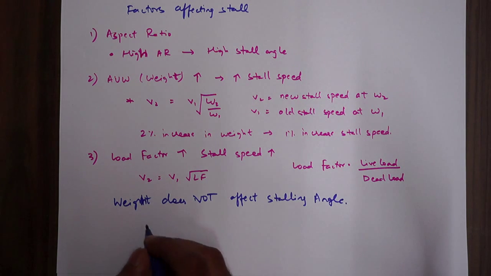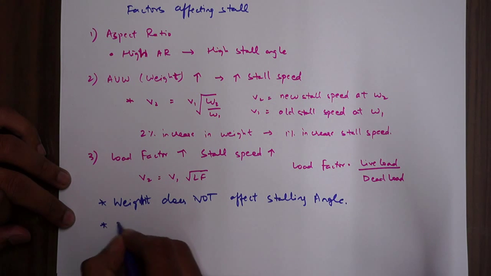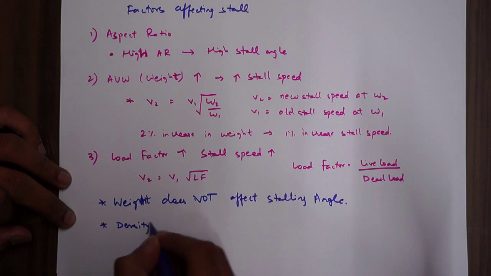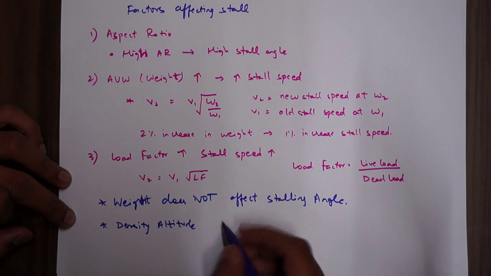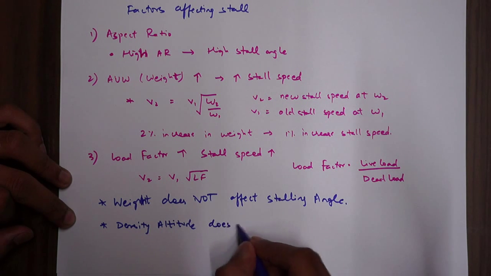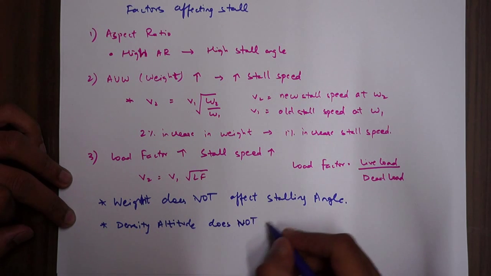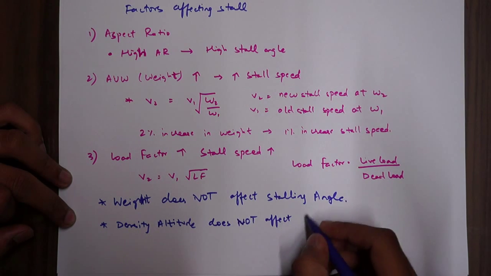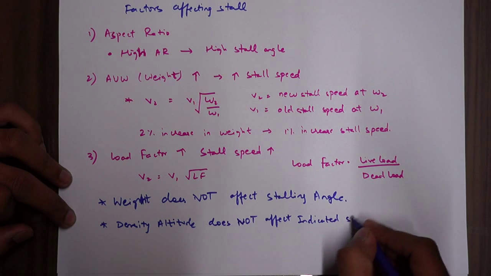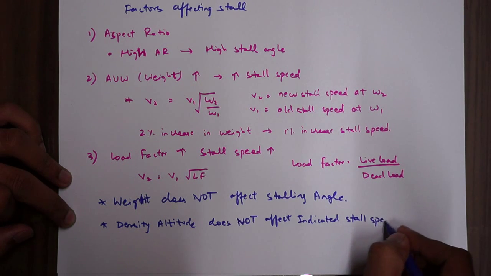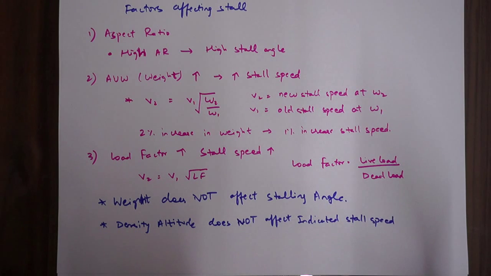And also density altitude: if you remember the lift formula, if you use that, density altitude does not affect the indicated stall speed. If you remember these few points about stall, that's good enough.